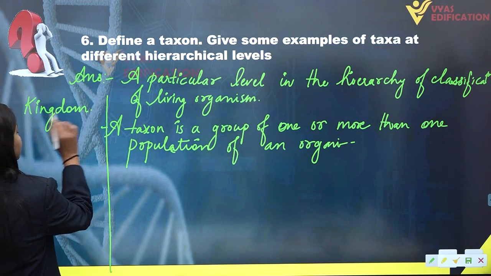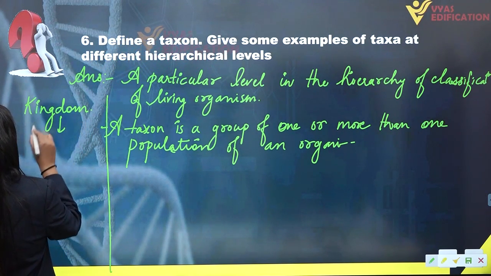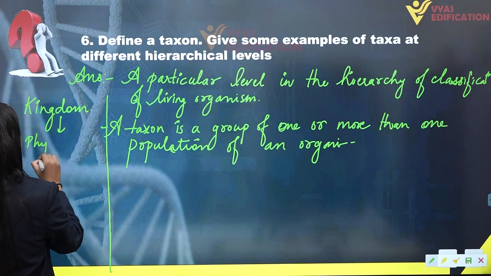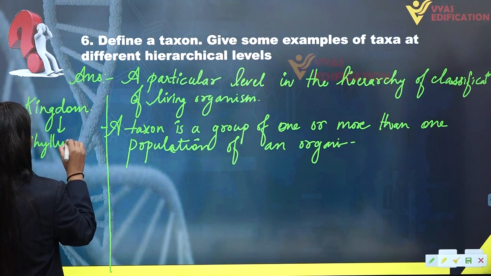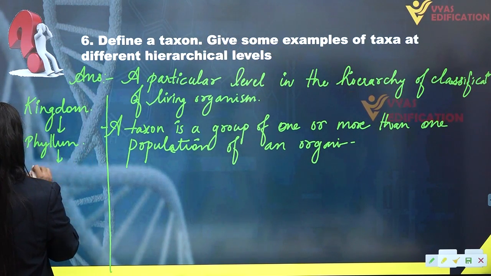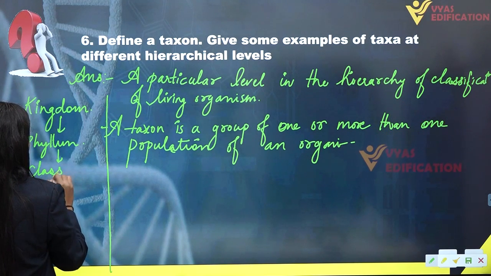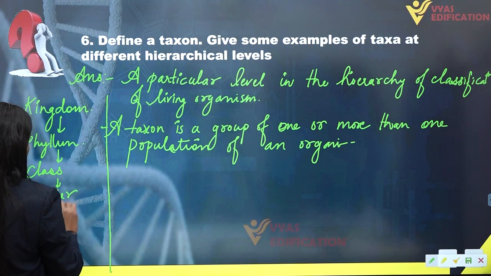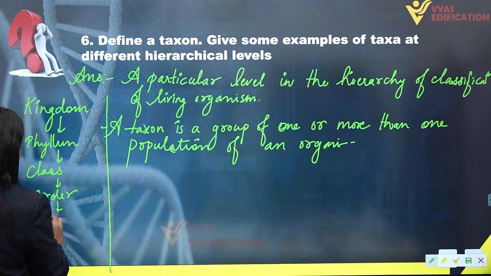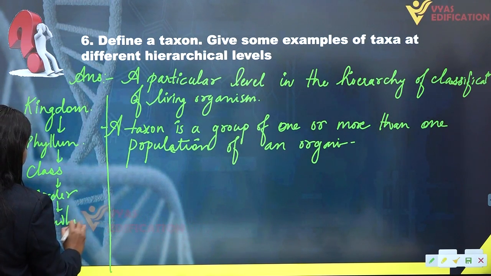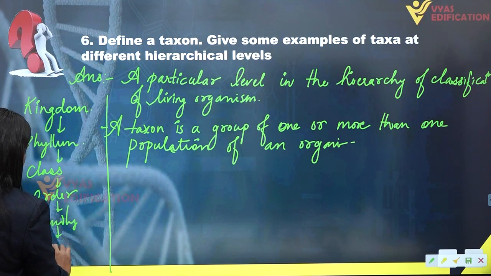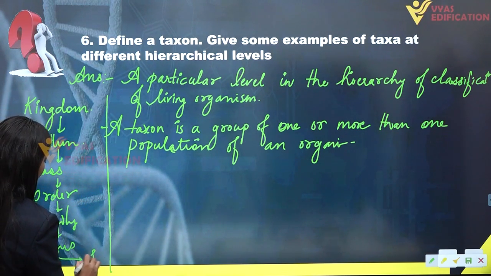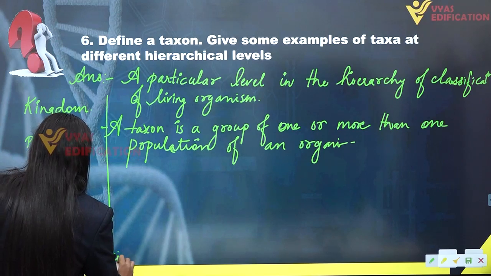So it goes like this: first is kingdom, then phylum or division, then class, then order, then family, then genus, and the last one is species.